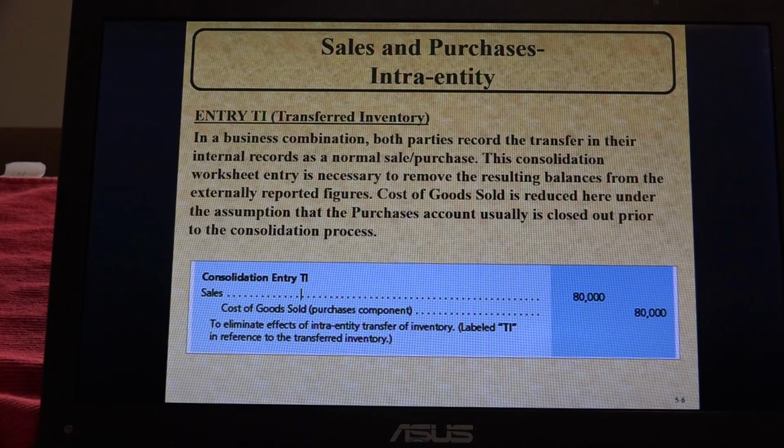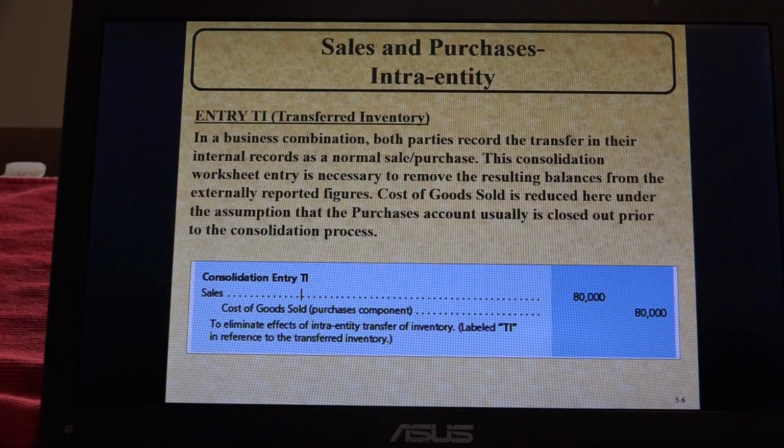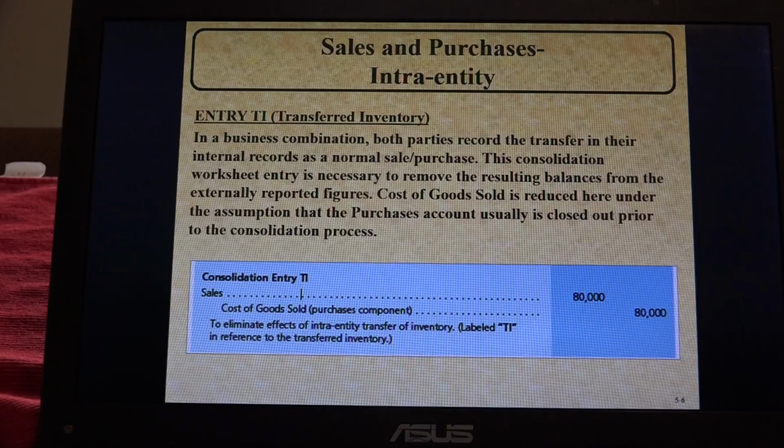And so by reducing the expense cost of goods sold, you are eliminating the effect of those purchases. And again, you've got to do this transaction regardless of whether it's an upstream purchase or a downstream purchase.